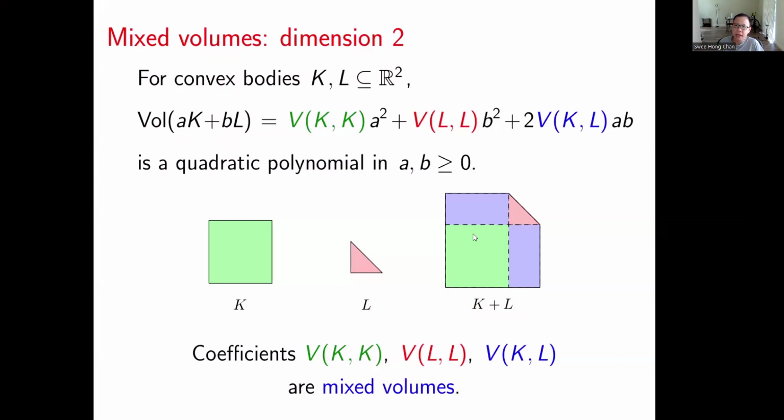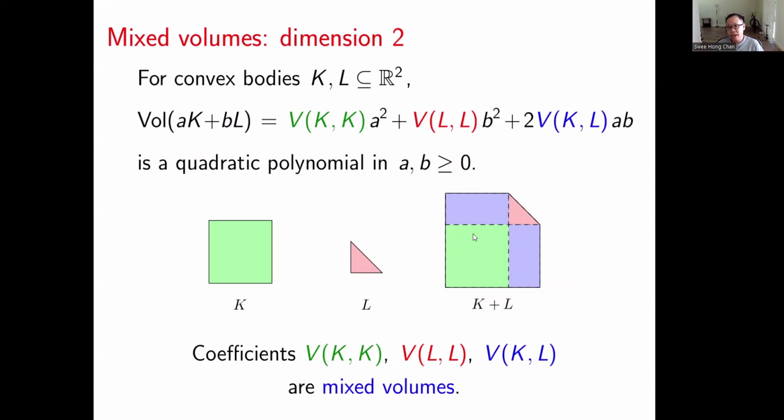So you take the volume of aK plus bL, where a and b are positive variables. It can be shown that this volume is a quadratic polynomial in a and b, and we define the mixed volume to be the coefficients of this polynomial. Okay. One intuitive way to think about these coefficients is that this represents the area of the larger polytope after we perform a certain way of decomposition. Okay.